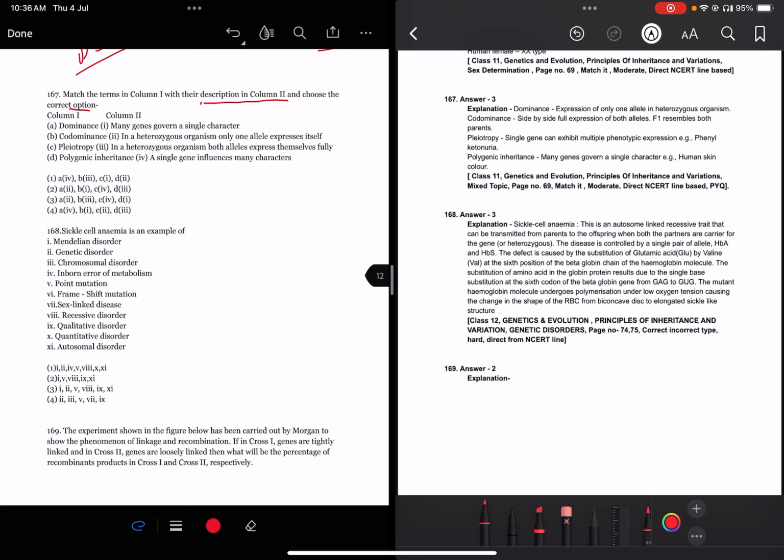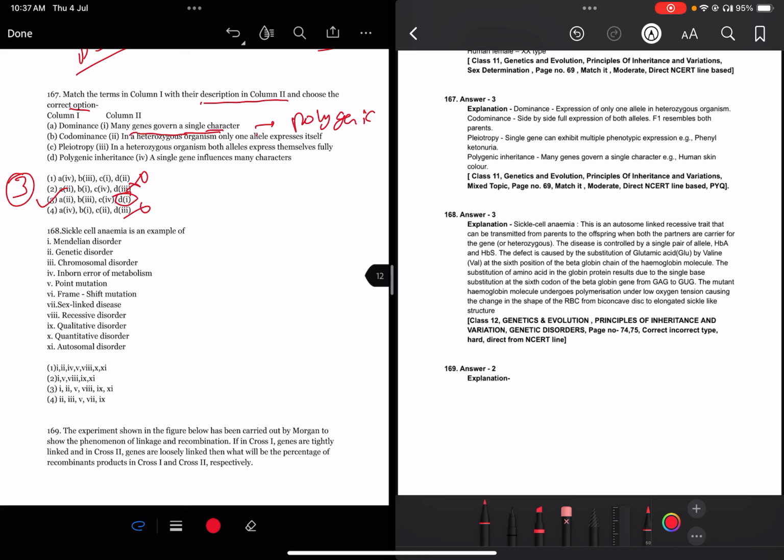Many genes govern a single character: this is polygenic inheritance. So here it is D only. In multiple choice, match-the-column type questions, this is the elimination method. D is the only one. For confirmation, let us go one more.